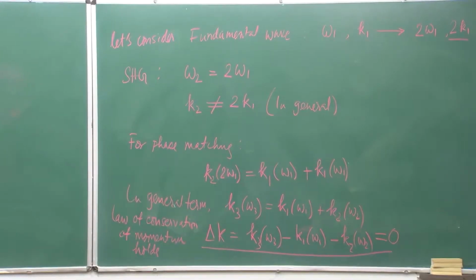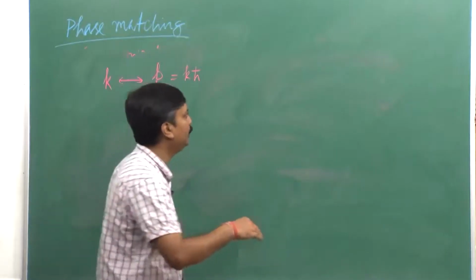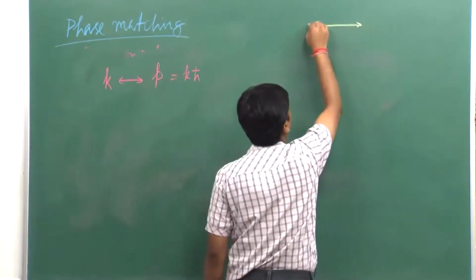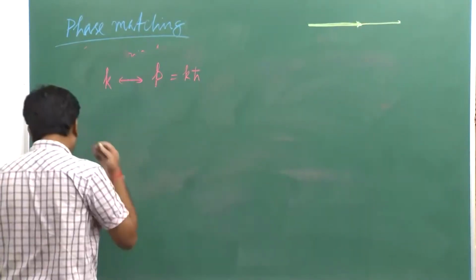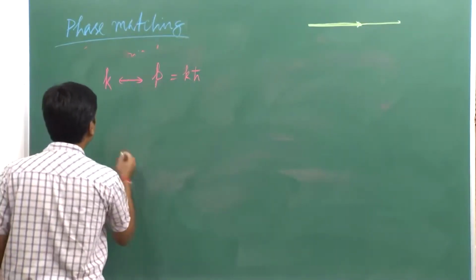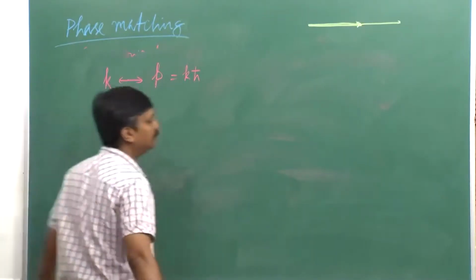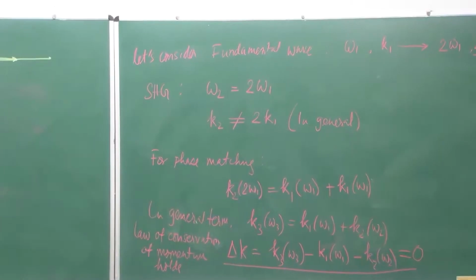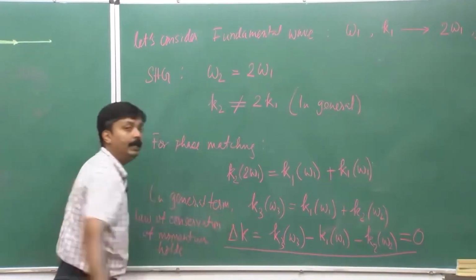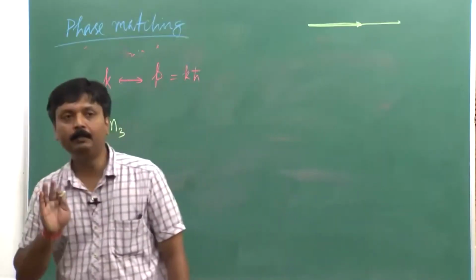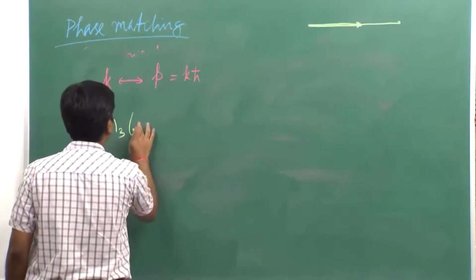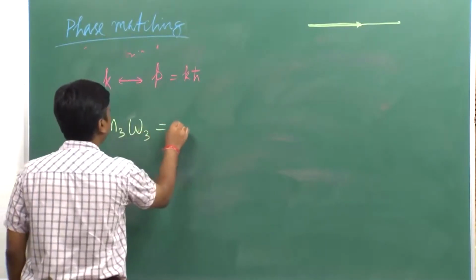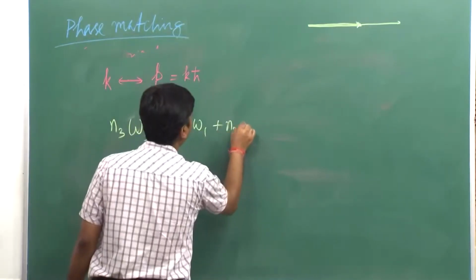So, if I consider this process of wave mixing happening in a collinear geometry, that is, my wave 1 is coming in the same direction, this one is also coming in this direction, and the outgoing light is going in this direction. In that case, we can write in terms of the refractive index and the frequency, following this general relation, and we know how omega, k and the refractive index are related. So, knowing that, I can write omega 3 n3 equals n1 omega 1 plus n2 omega 2, right.